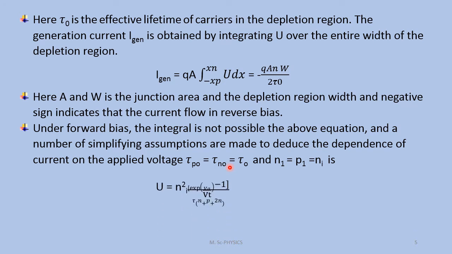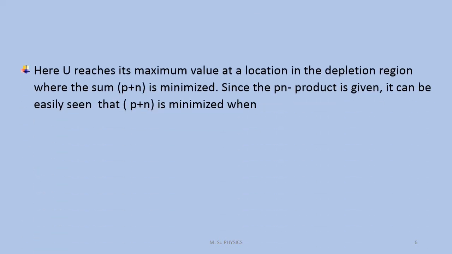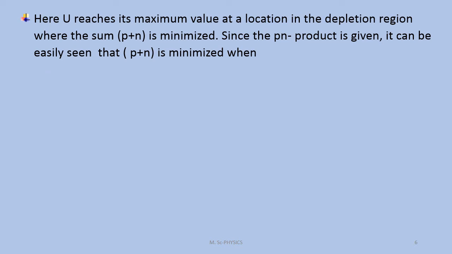U is equal to ni squared (exp(Va/Vt) minus 1) divided by tau naught (p plus n plus 2ni). Here we discuss the excess carrier recombination rate.